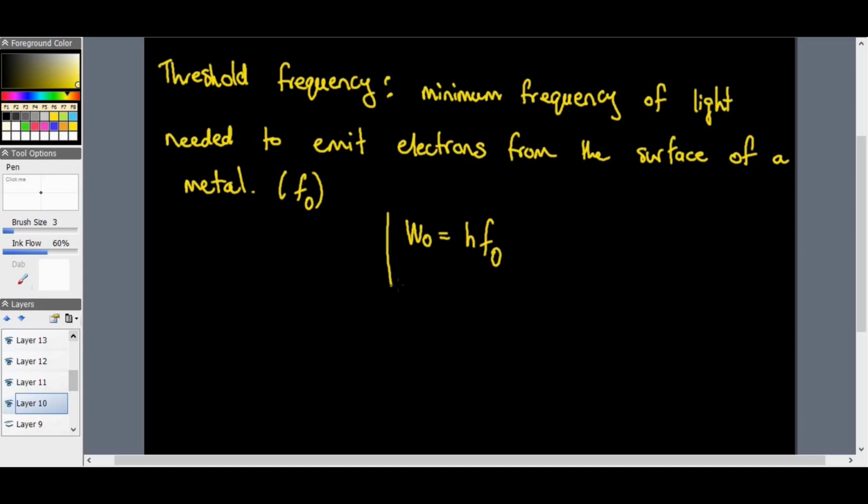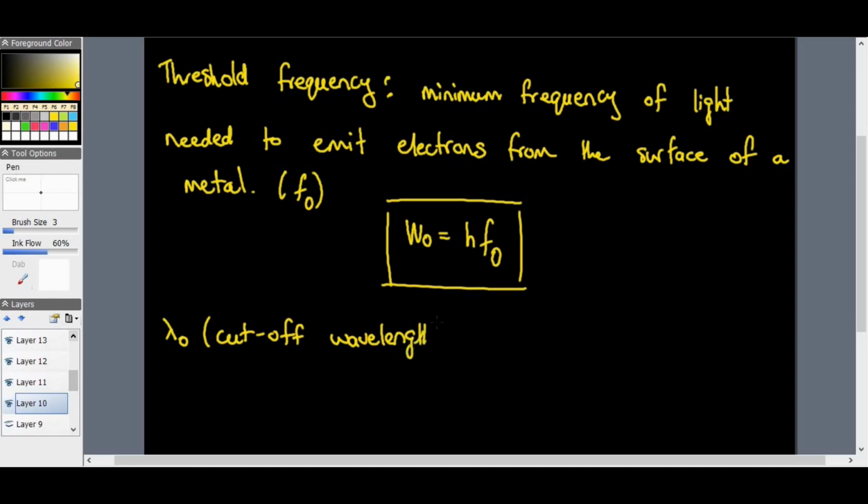Okay, let's just put that in a box. There's another term called lambda 0, which is known as the cutoff wavelength. This formula is not given to you in your formula sheet. Okay, cutoff wavelength.